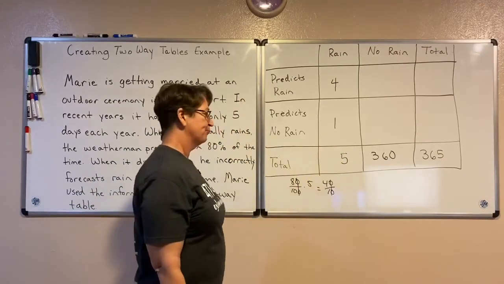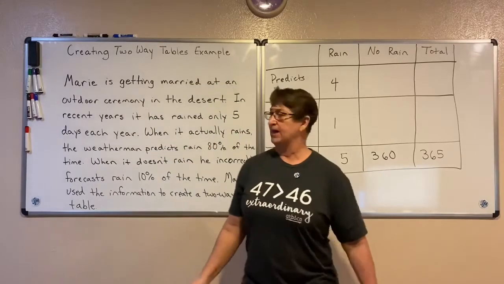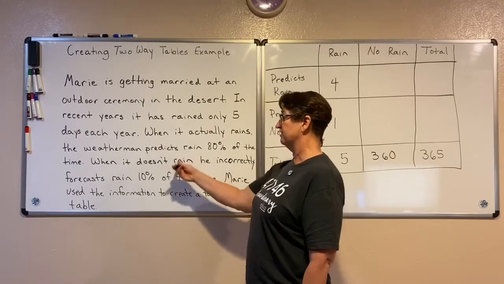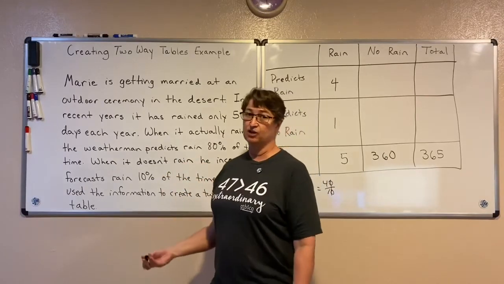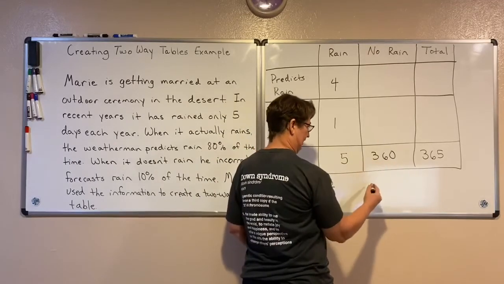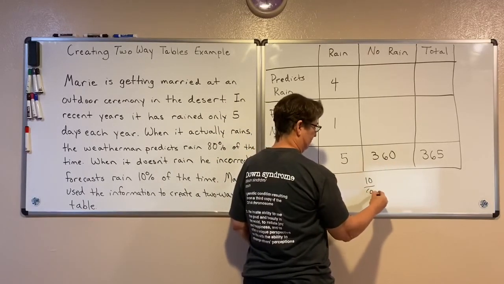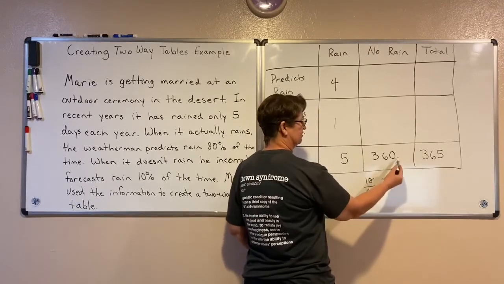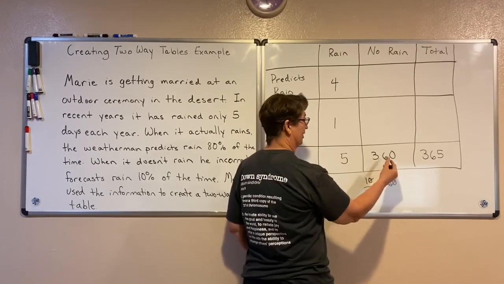which means one of those days that it rained, he predicted no rain. Then it tells us that 10% of the time when it doesn't rain, he says it does rain. So 10% of those 360, remember with 10% it just takes and moves that decimal over one spot to the left.